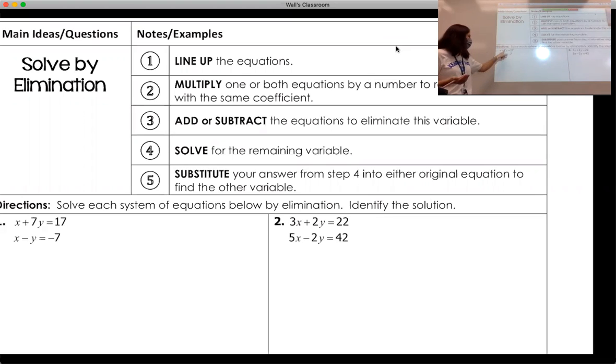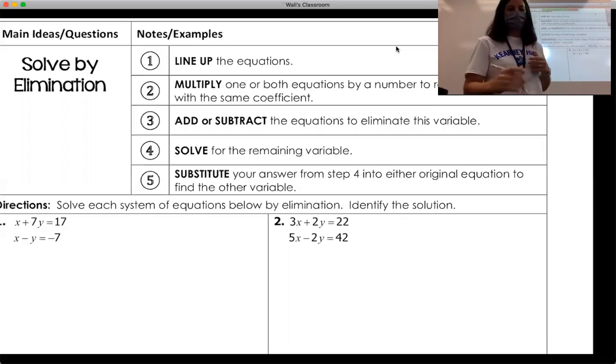Both of them are 1. Those ones match, these ones don't, okay? And they can match in the sense that they're the exact same, or this is actually almost better if you have one that's a positive and one that's a negative, because then when you put them together, they're just going to cancel out, which is exactly what we want to happen.